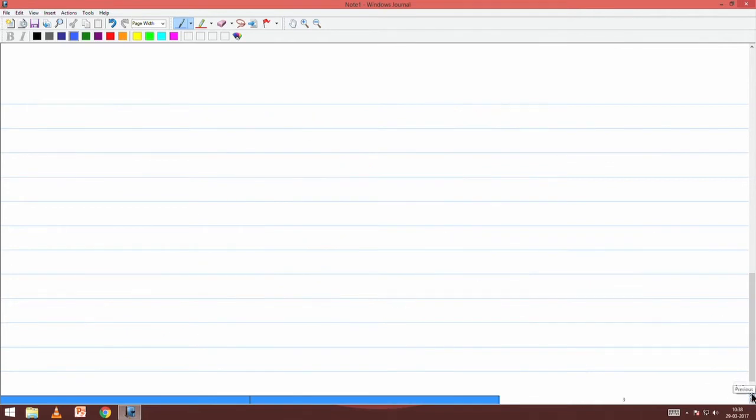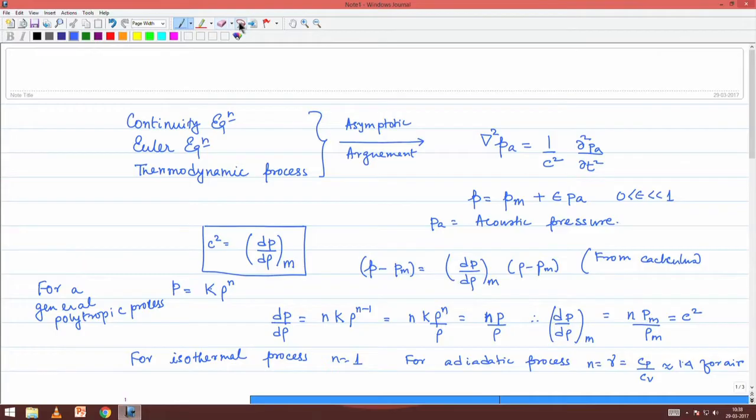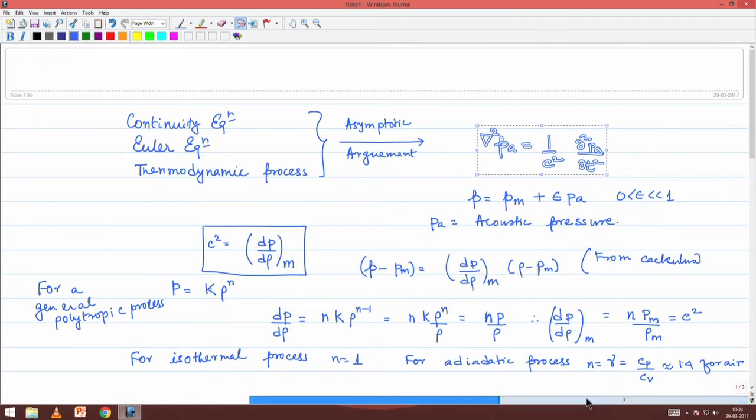Now, from here on we will be only interested in the acoustic components. We are not going to be interested, unless otherwise mentioned, in the mean components. So, therefore, instead of writing the equations in this fashion, we will make a notational change just to ease our life.